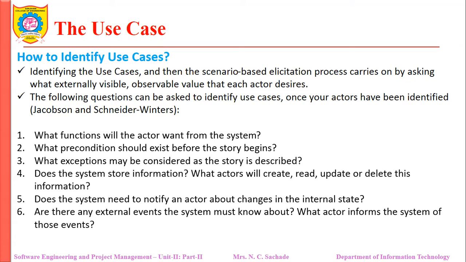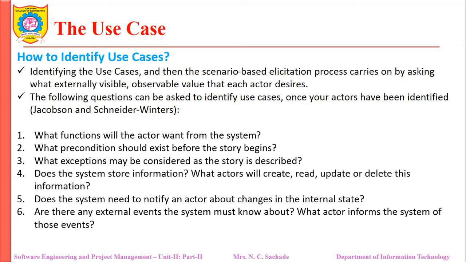What functions will the actor want from the system? What preconditions should exist before the story begins? What exceptions may be considered as the story is described? If you remember the template, we had written exceptions there. Does the system store some information? What actors will create, read, update, or delete this information? So he is going to maintain the record of the information.